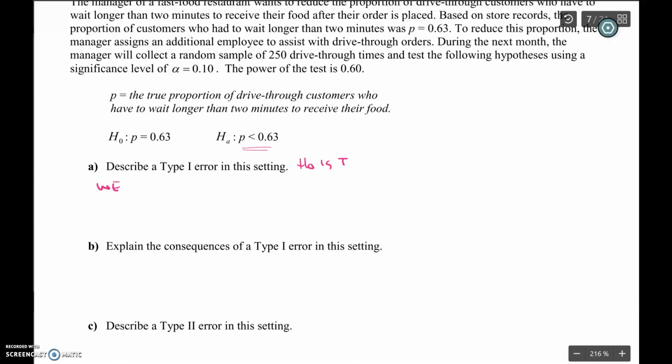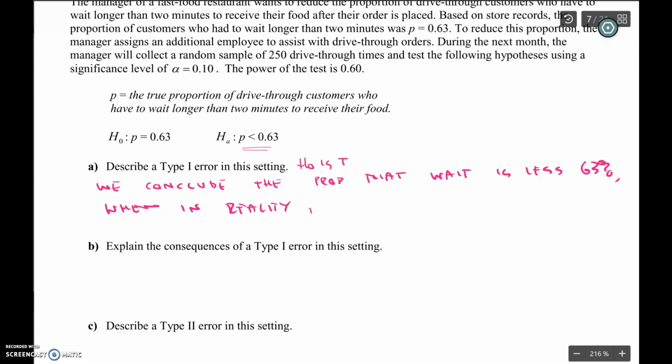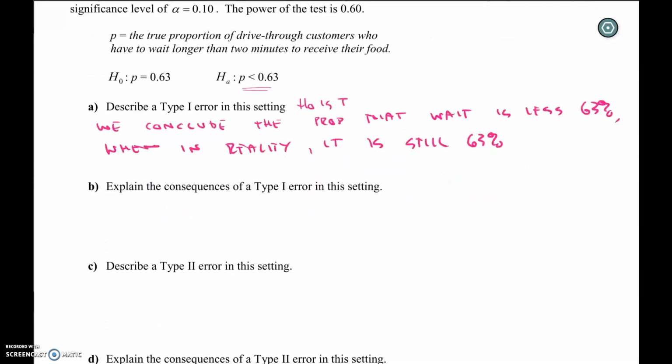So we conclude, or I should maybe say he concludes, the proportion that wait is less than 63%, when in reality it is still 63%. So it hasn't changed. We're going to conclude that it's been lowered because of the new employee when it really hasn't.